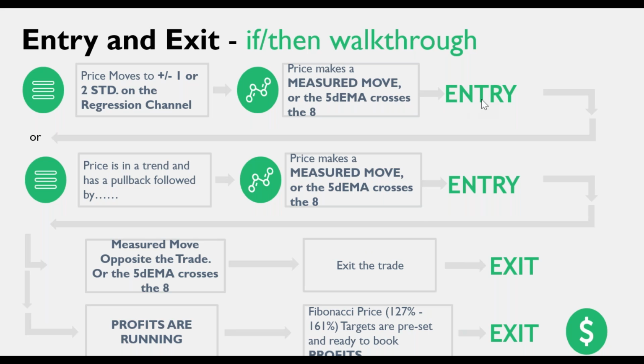That's our first entry. We have secondary entries, but usually with trading Forex, I'm looking for it to be overbought or oversold. Then our exits are either we get a measured move opposite the trade or we get out at the Fibonacci's, which we can preset once we have a measured move.